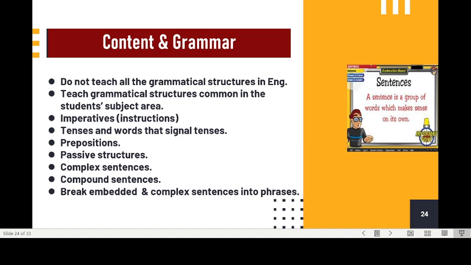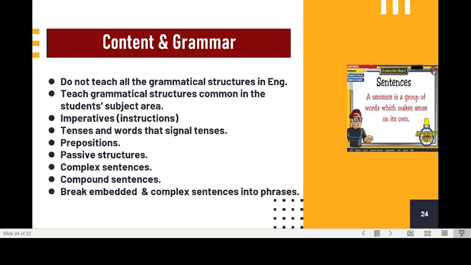You can teach imperatives because these are used in instructions. You can teach the tenses, not all of them, the ones that are common, and the words that signal tenses, like every day, often, very often, regularly, like this.